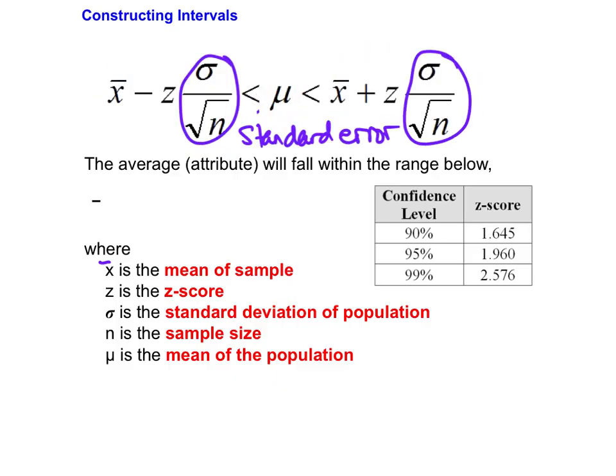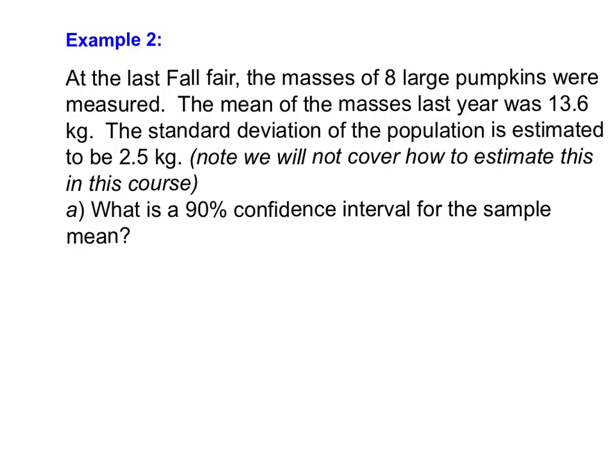And remember that back at the beginning of this lesson, we said that the standard deviation of the population divided by the square root of the number in the sample gives us what's called our standard error.